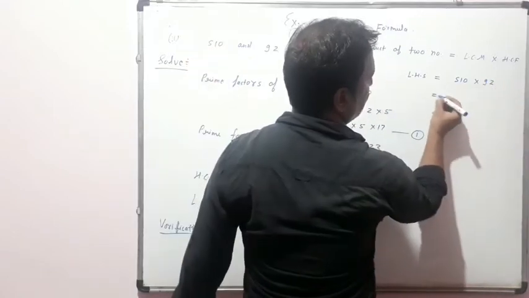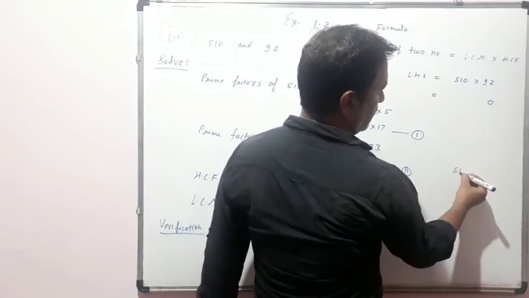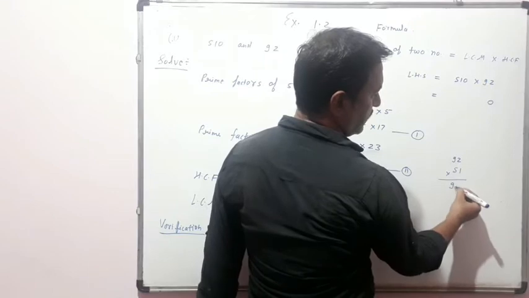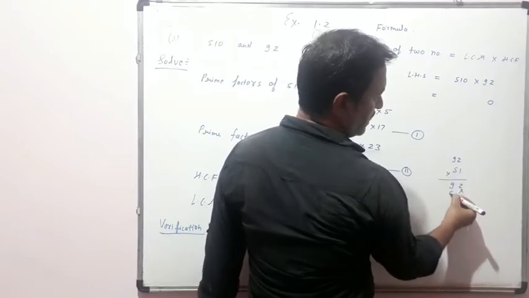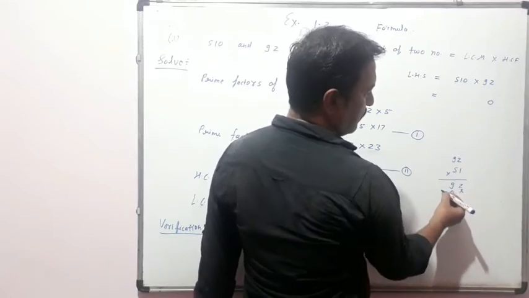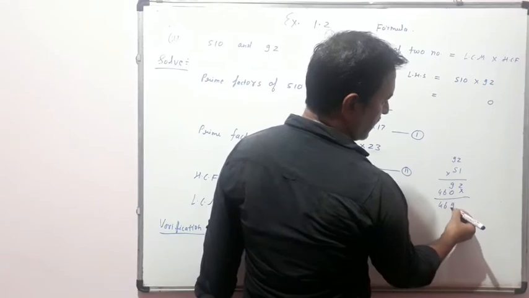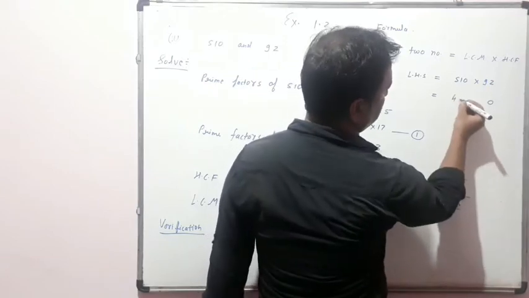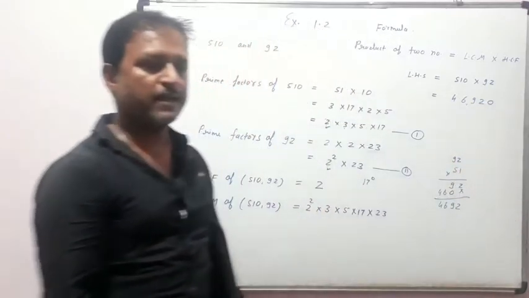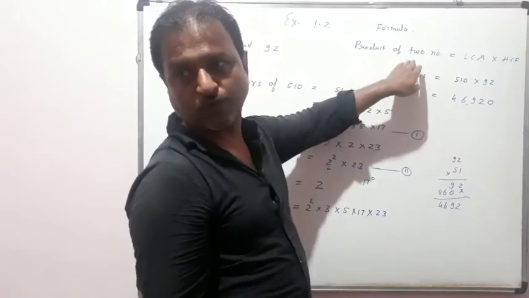What is the product of these two numbers? 92 into 510, let us calculate it. 92 times 51 gives 4692, so with the zero it is 46,920. This is the value of our LHS, the product of the two numbers.